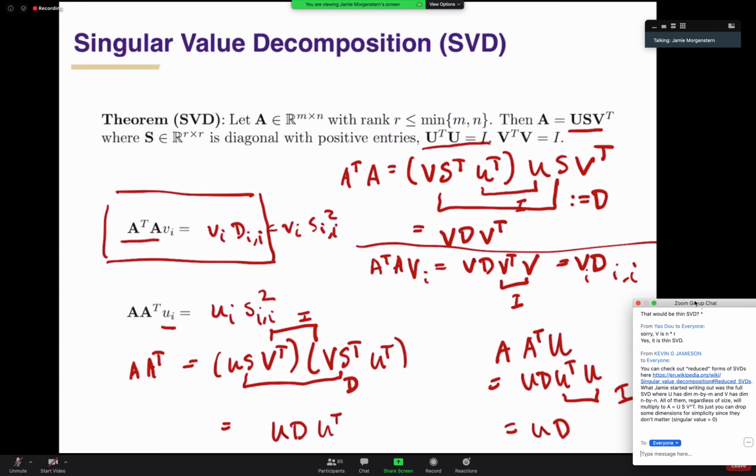Computation is one of them, but that's somewhat different from your other question about left versus right. U is normally referred to as the set of left singular vectors, and V the right singular vectors of the matrix.